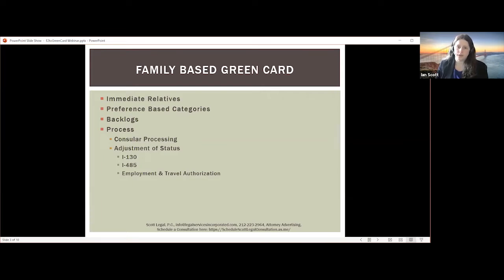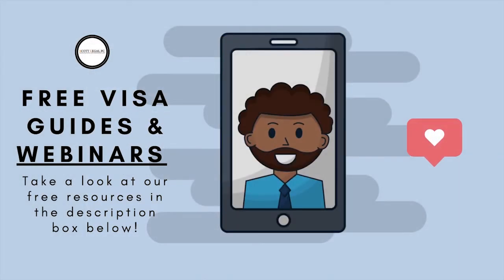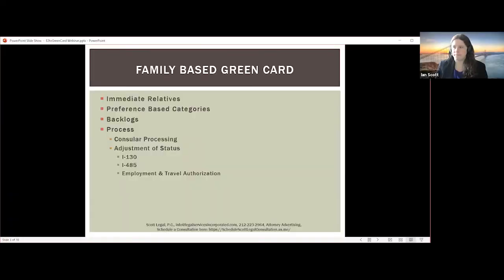But the preference category includes unmarried children of US citizens who are over 21, spouses and unmarried children under 21 of legal permanent residents, unmarried children of legal permanent residents who are over 21, married children of US citizens, and siblings of US citizens, as long as the US citizen is at least 21.